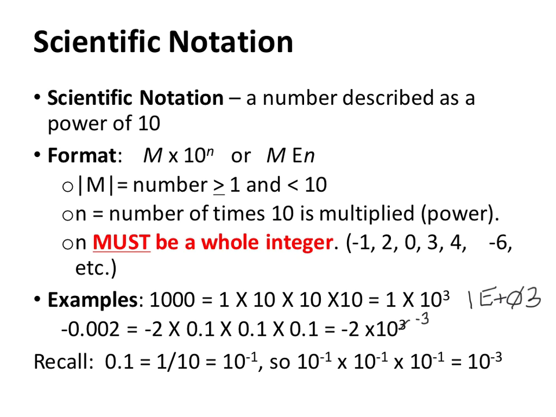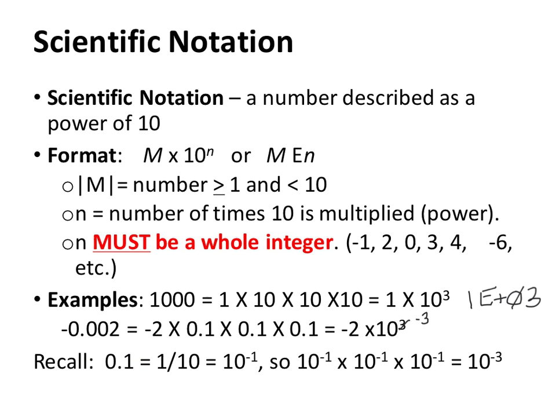Now to get negative 0.002, I would just take my negative 2 here and multiply it by 0.1 times 0.1 times 0.1. If you do this on the calculator, you'll see you're going to get 0.001. Then when I multiply that number by negative 2, I get negative 0.002. Now, look at this here: 0.1 times 0.1 times 0.1. They're all the same.